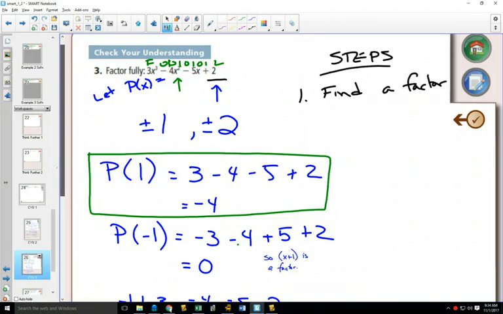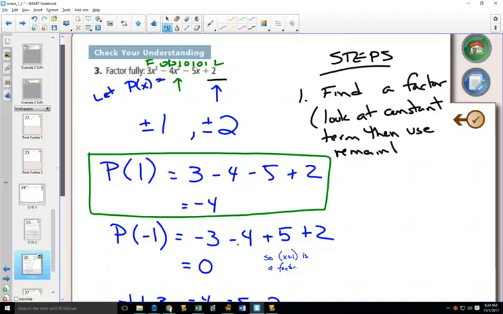Well, how did we do that? We looked at our constant term. And then we used our remainder theorem till we found a remainder of 0.